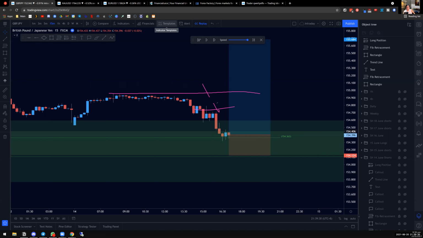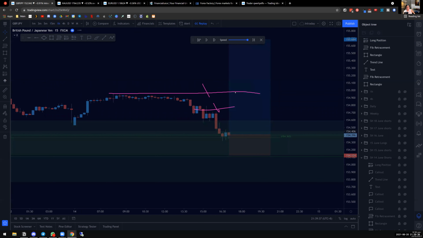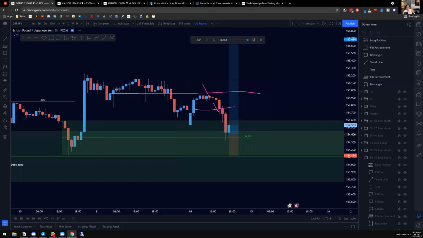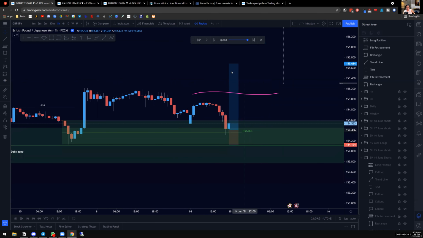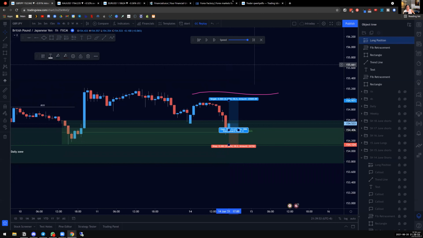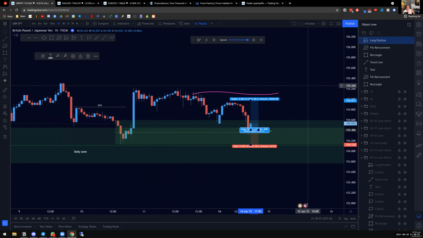Again, if there are two structures fairly close to each other, like this is only 20 pips, I'll go up to the 1 hour and look for the cleaner area. If I push up to the 1 hour, it's very clear which area you should be taking TP1 above this. Once I've reached that area, my trade will be at BE, and then I will usually aim for a higher time frame zone above.